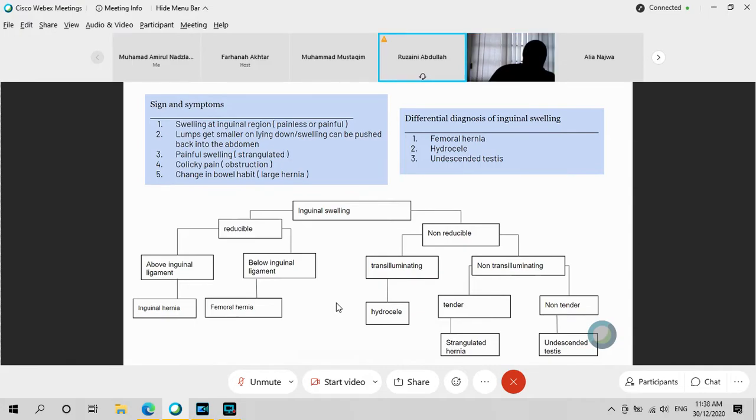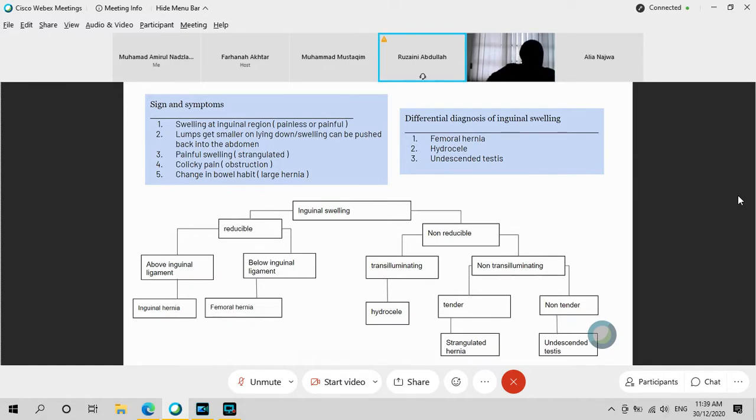The patient might complain that the lump gets smaller on lying down and the swelling can be pushed back into the abdomen, what we call a reducible hernia. If the patient complains of painful swelling, we might suspect a strangulated hernia. If the patient complains of colicky pain, they might have obstruction, the obstructed hernia. And if the patient has a Dutch hernia, they might have a change in bowel habit.